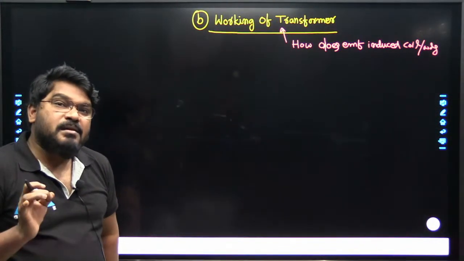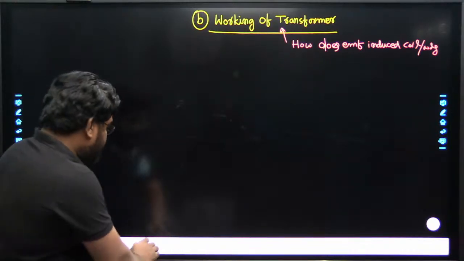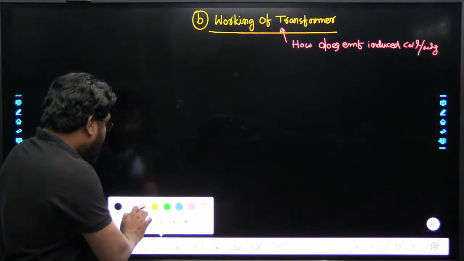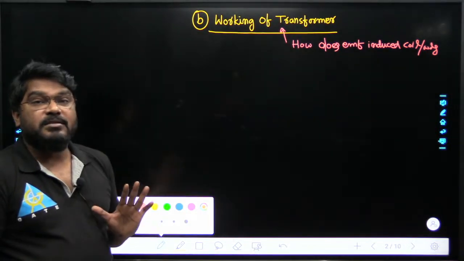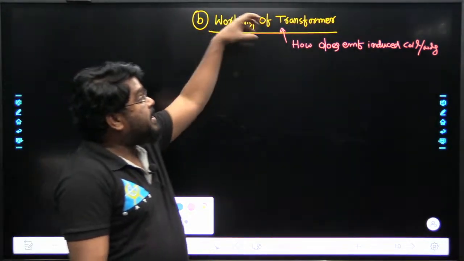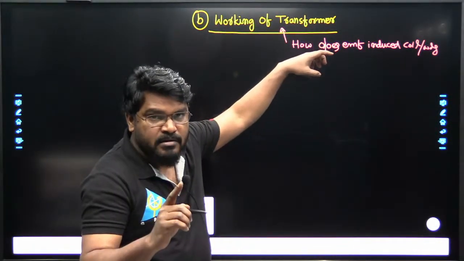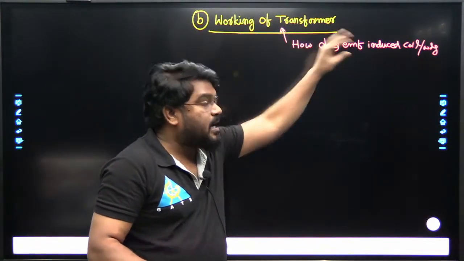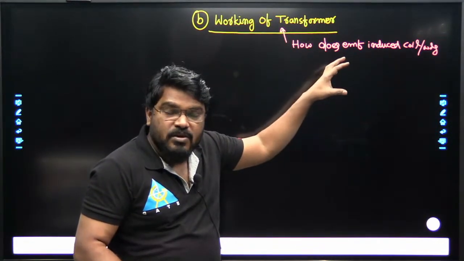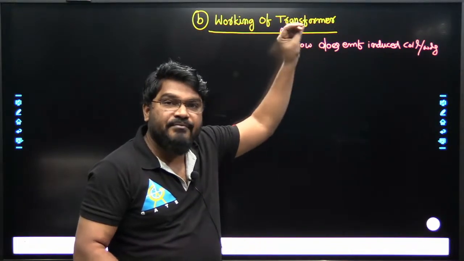So what are the basic requirements? Sometimes we have a question: what are the basic requirements to induce the EMF in a transformer's winding? Are you getting my point? What are the basic requirements to induce the EMF in a coil, or in a winding?